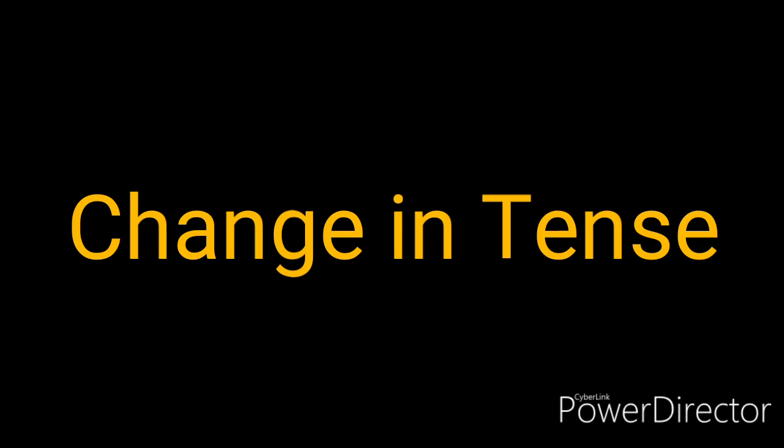Next and very important change is change in tense. For learning it, we have to learn about tenses, helping verbs of tenses, so that we can learn this topic easily.